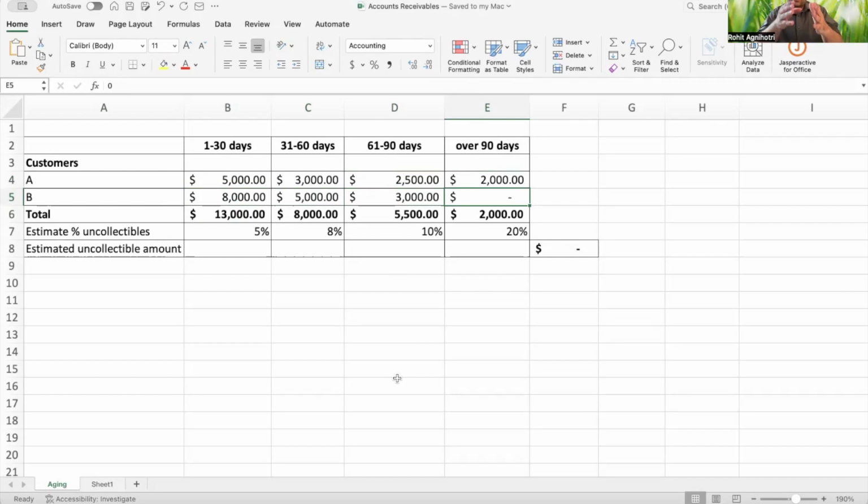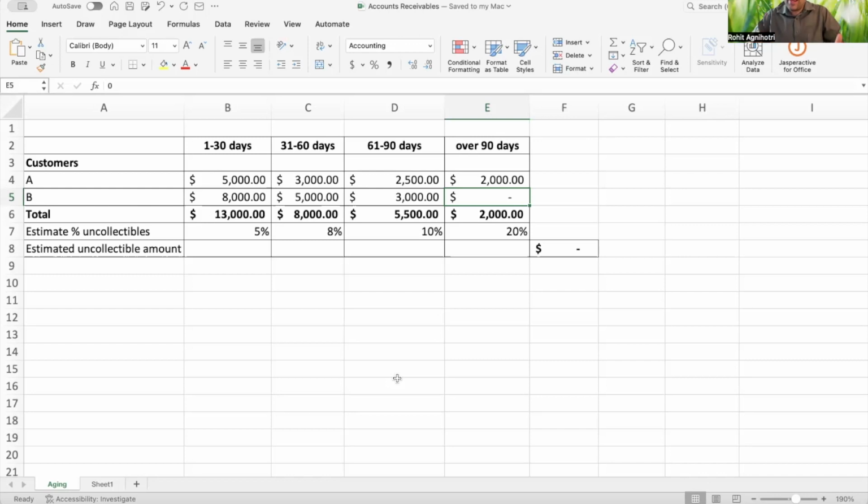So before I start into this calculation mode, I want you to think for a minute. The balances that are the oldest are the riskiest of all the balances.